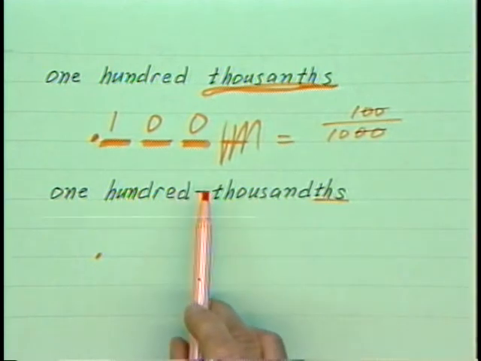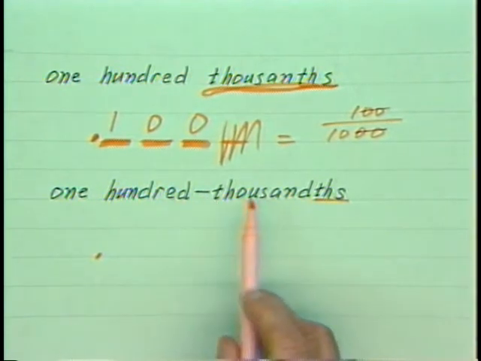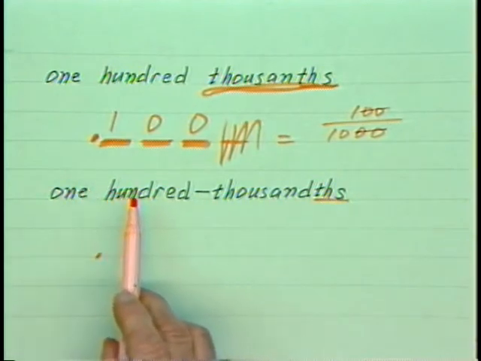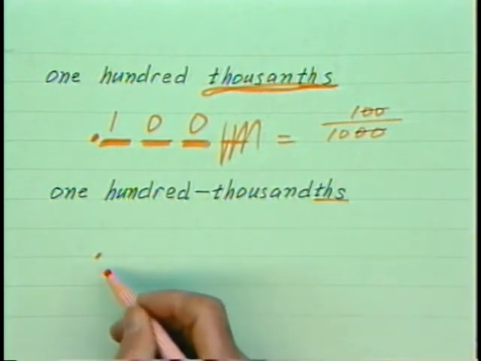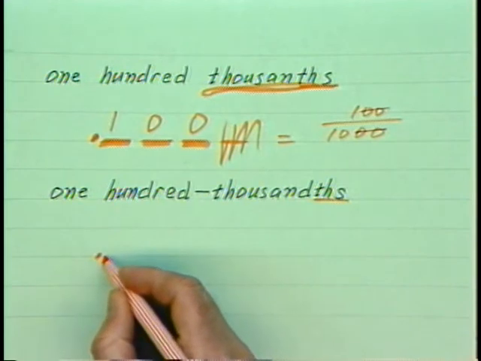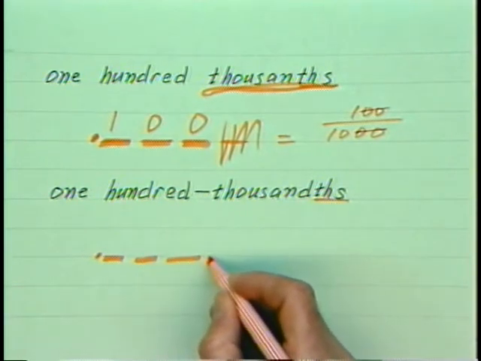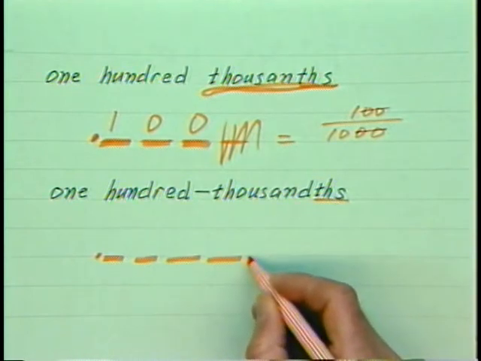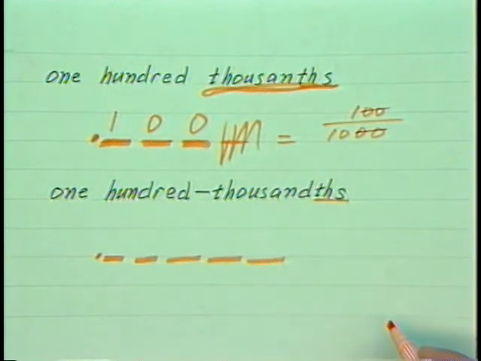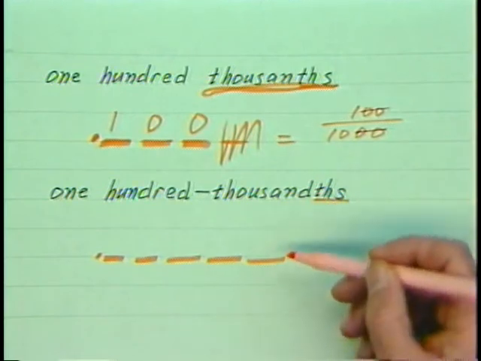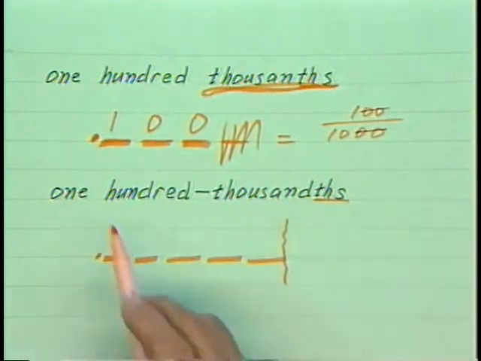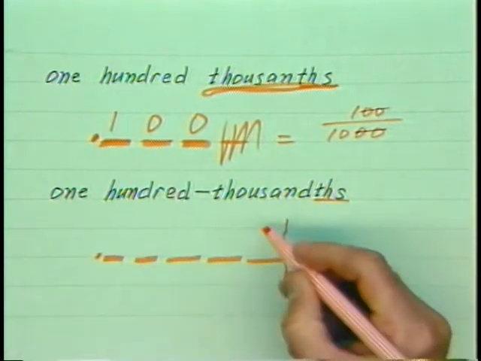However, down here the hyphen says that I don't want the thousandth place, I want the 100,000th place. So here is my 10th, 100, 1,000, 10,000s, 100,000s. And at the 100,000th place, I want just one of them.